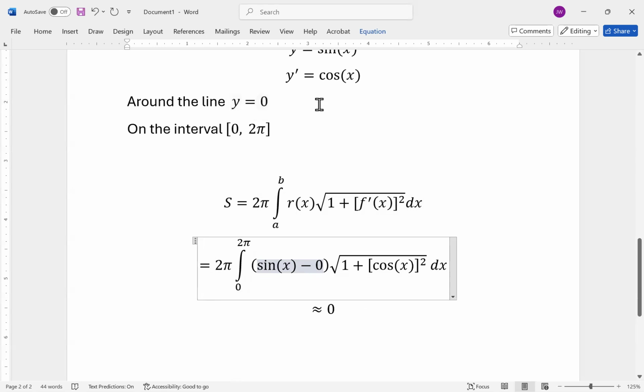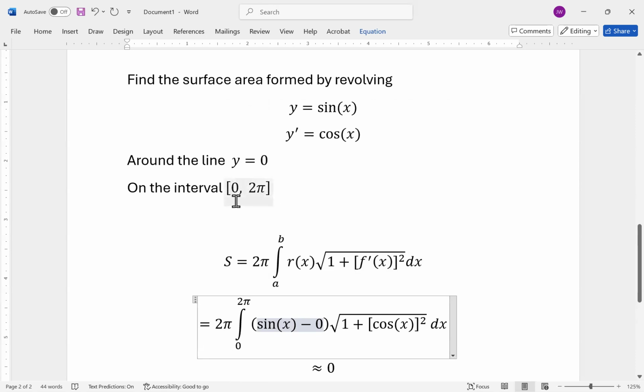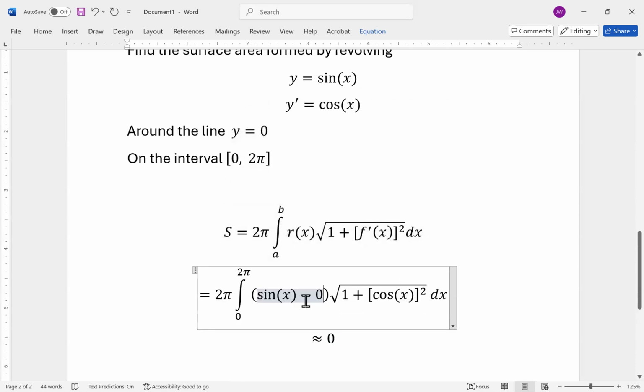The reason is that sine of x going from 0 to 2 pi, on one portion of 0 to 2 pi, sine is above 0. And on another portion, sine is below 0. So if I did this, I'd be wrong. I'd get that the surface area is 0.